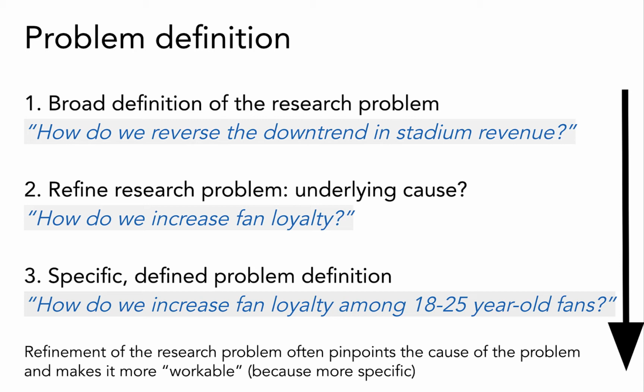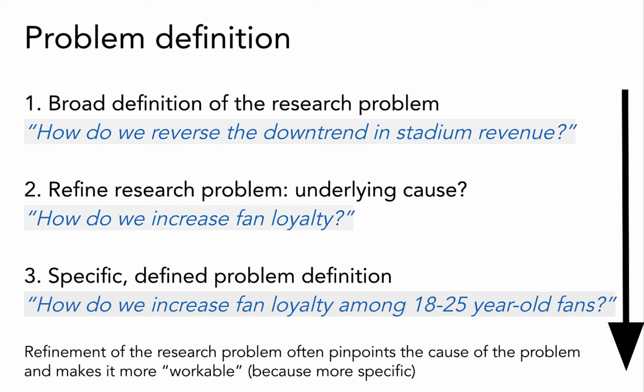However, if you look a little more specific at what the underlying causes of this downtrend in stadium revenue, maybe based on ticket sales data, you could find that the problem is fan loyalty. Maybe there's just way less seasonal passes being sold, which is an indicator of a decrease in fan loyalty. So now you can ask your question much more specifically, how do we increase fan loyalty? Now, we can go even further, we can go even more specific.